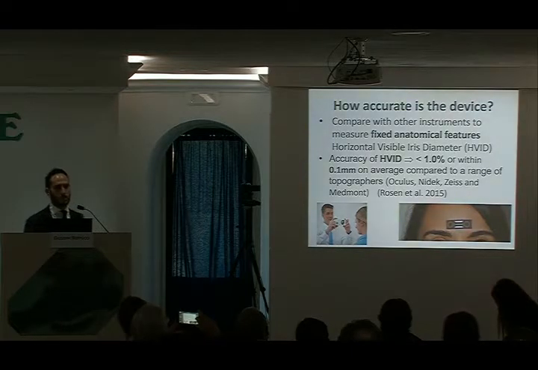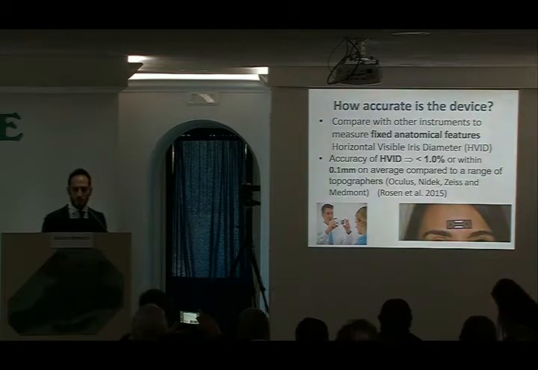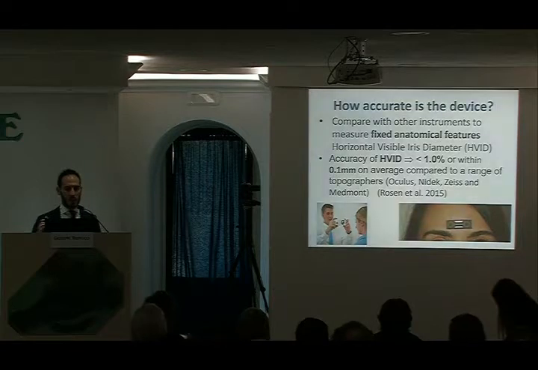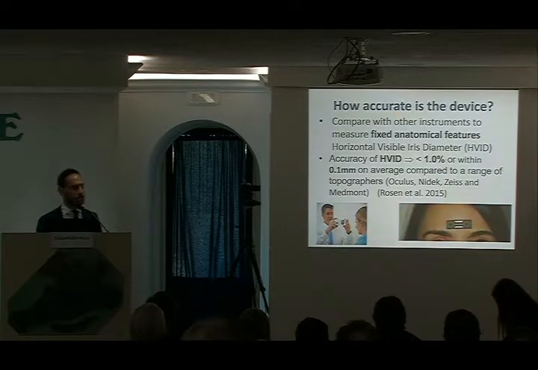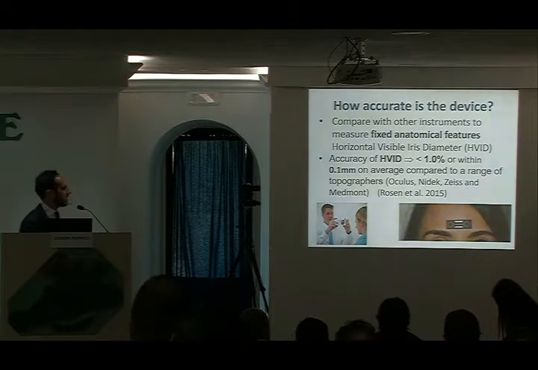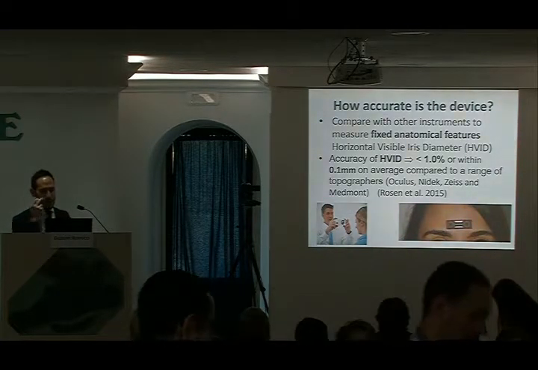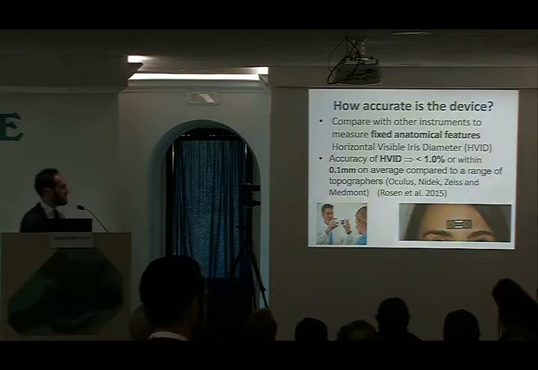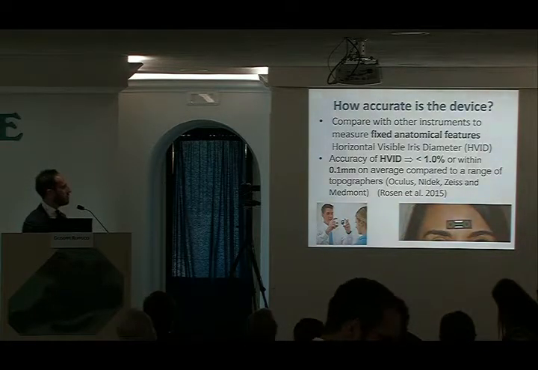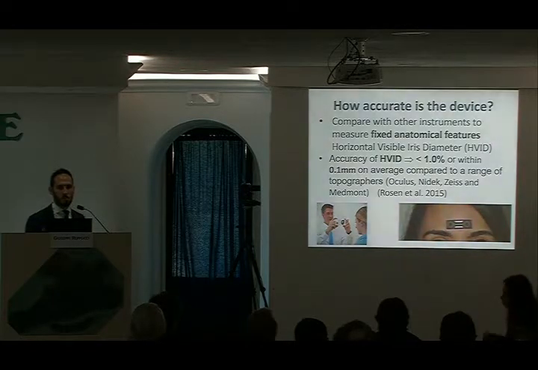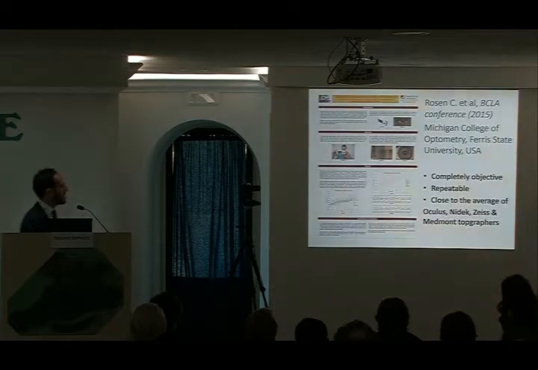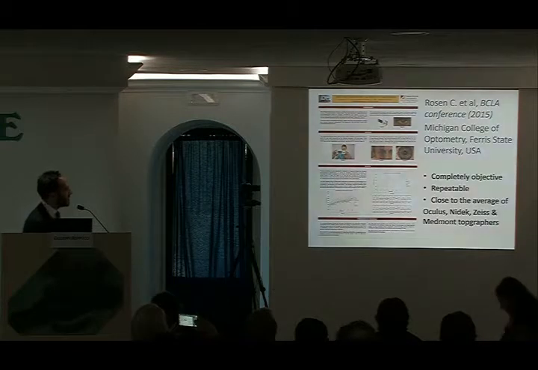But we all know how important accuracy is in the measuring process. So the device was compared with other instruments that are actually used to measure fixed anatomical features such as horizontal visible iris diameter, the HVID. The accuracy found of the device was within 0.1 millimeters on average compared to many topographers. Here we can see the study carried out by the Michigan College of Optometry at Ferris State University in the USA.